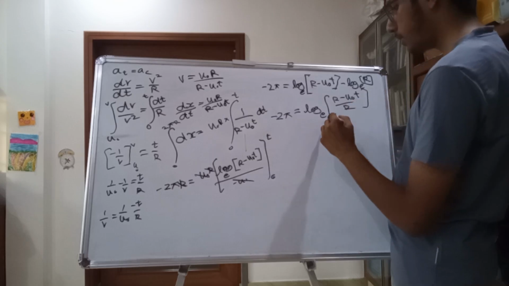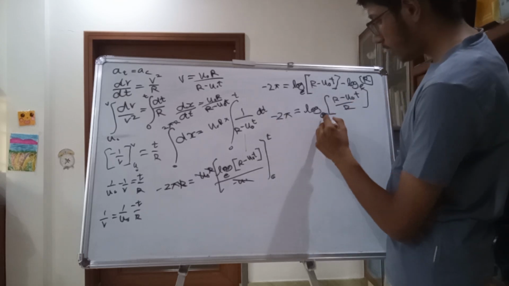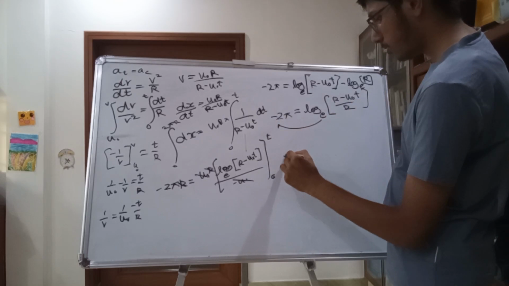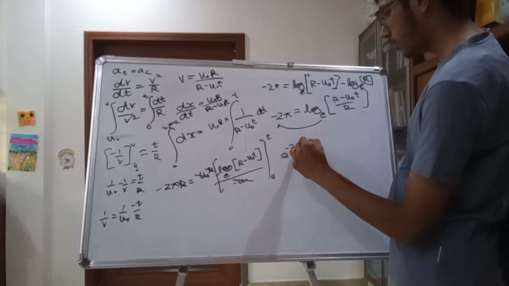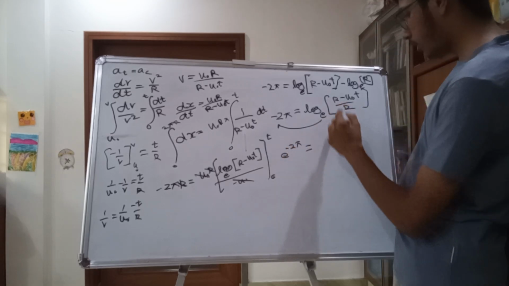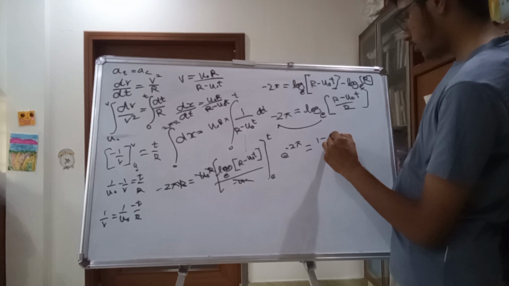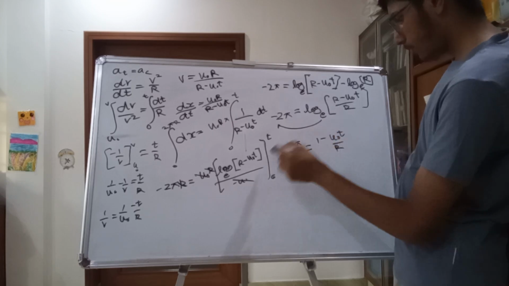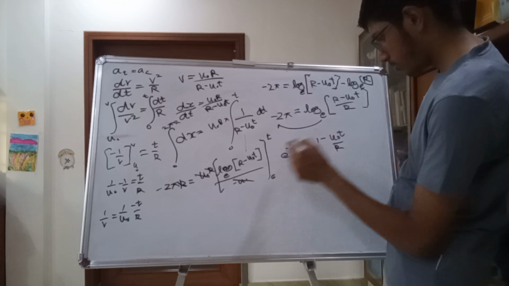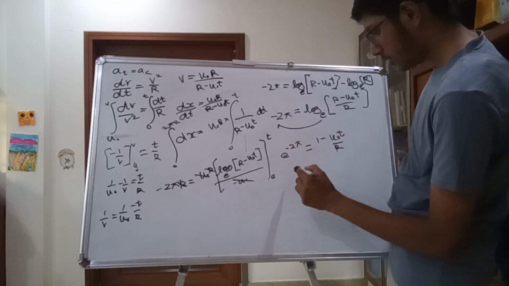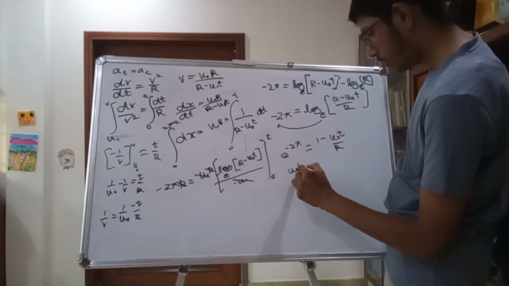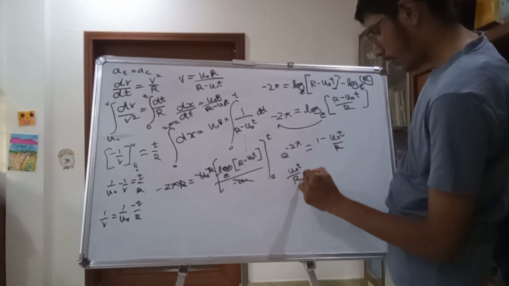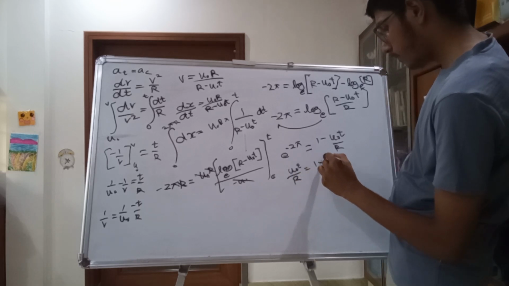This we can write as e power minus 2 pi equal to, this r will get cancelled, 1 minus u naught t by r. If I transpose the negative part, I get u naught t by r equal to 1 minus e power minus 2 pi.